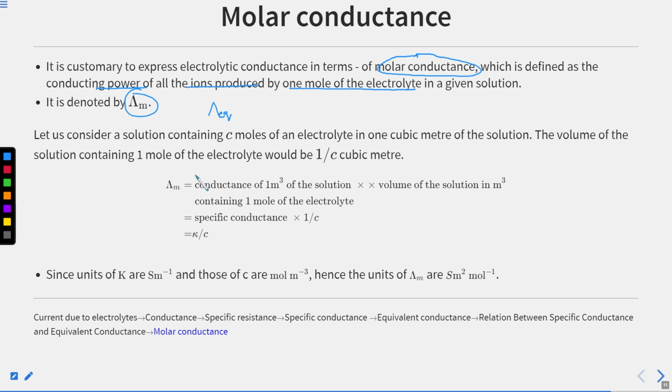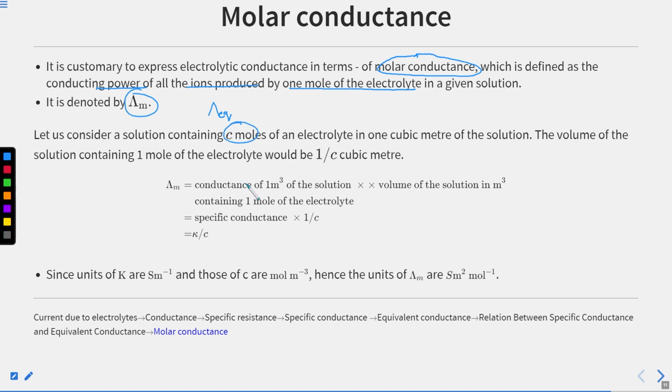Now consider a solution that contains C moles of an electrolyte in 1 cubic meter of the solution. So we are considering a solution in which 1 meter cube contains, sorry, C moles of that electrolyte.